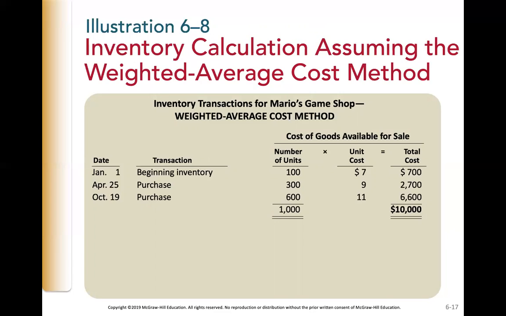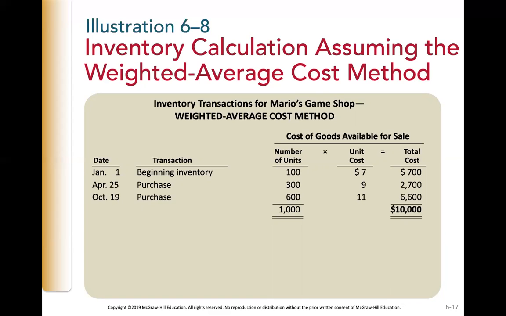Lastly, on October 19th, he made a purchase of 600 units at a cost of $11 a unit for a total cost of $6,600. Mario's total number of units available for sale equals 1,000, the beginning inventory plus the two purchases. The total cost of goods available for sale is $10,000, beginning inventory plus the two purchases.